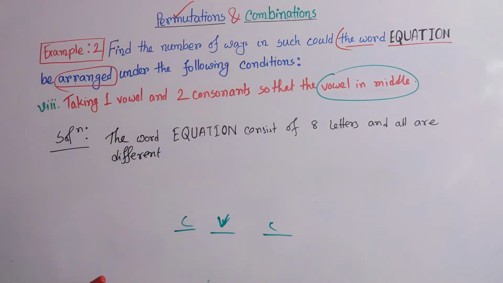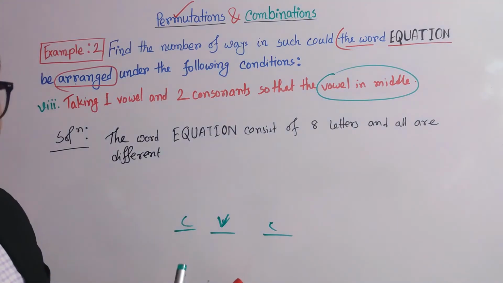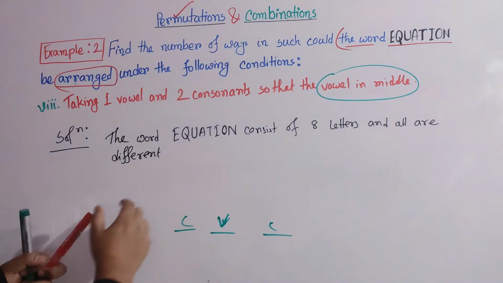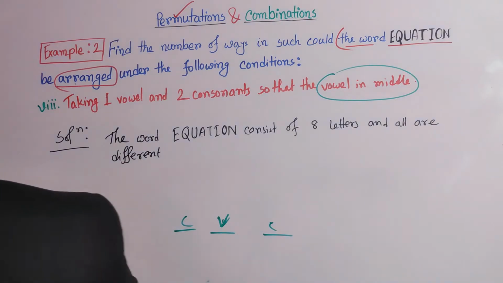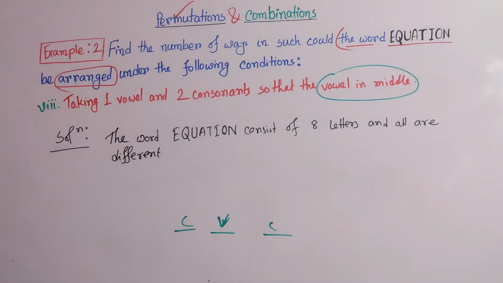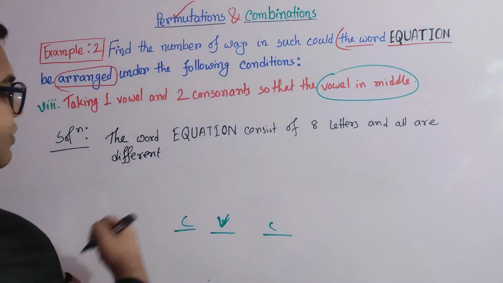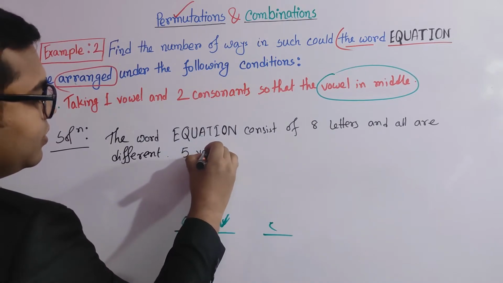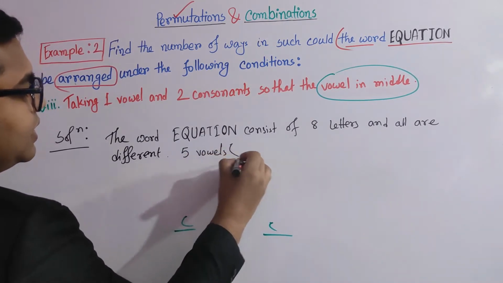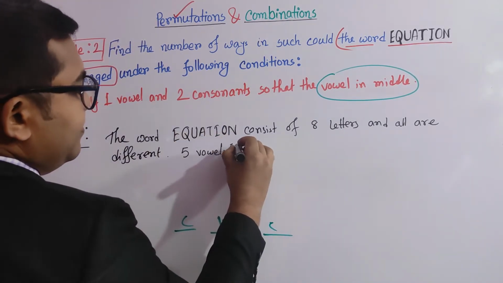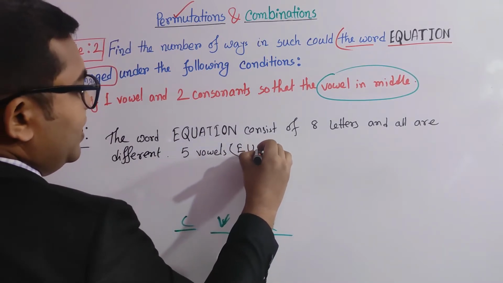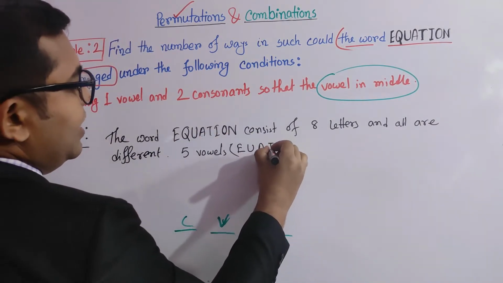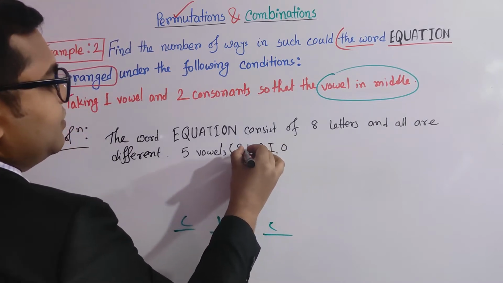So how many vowels can we take from here? In this equation all letters are different, that's true, and here we also observe that there are 5 vowels, and those are E, U, A, I, O. So these 5 vowels are here.